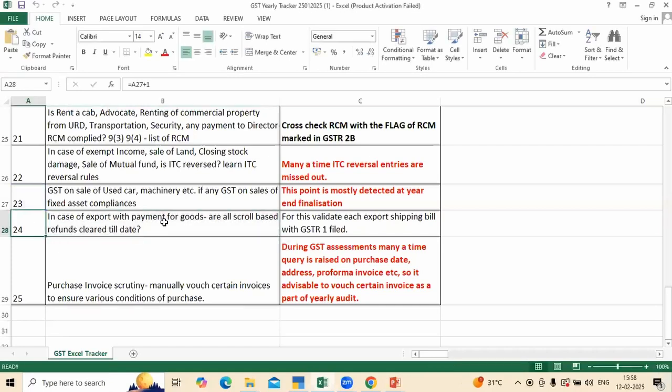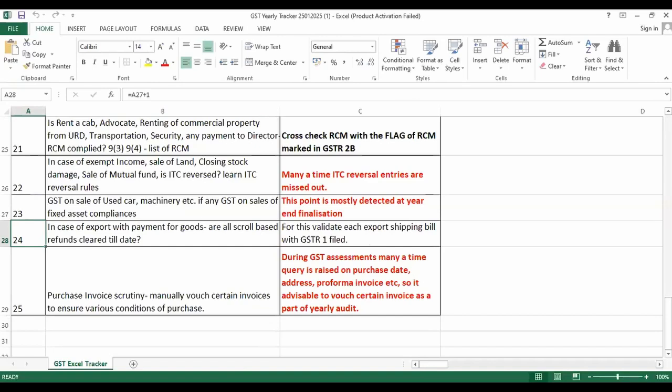So in case your assessee is doing exports with payment, it is necessary for you to check whether he has received the scroll based refund or not, and that has to be checked from the customs portal.